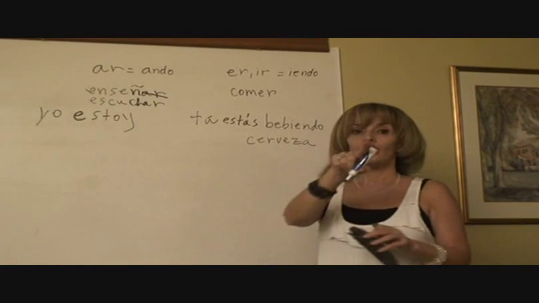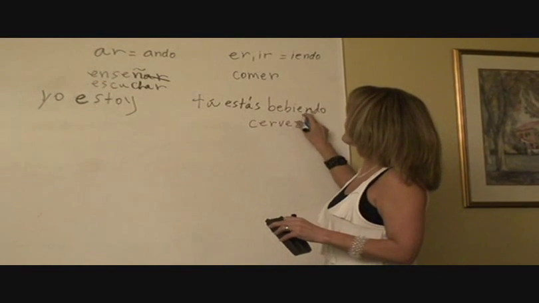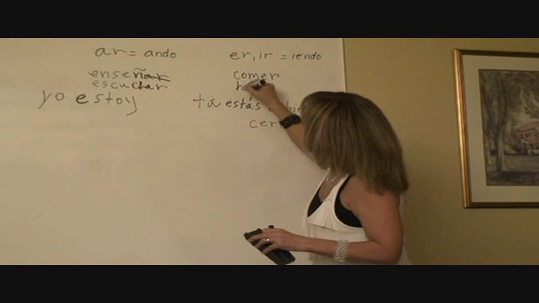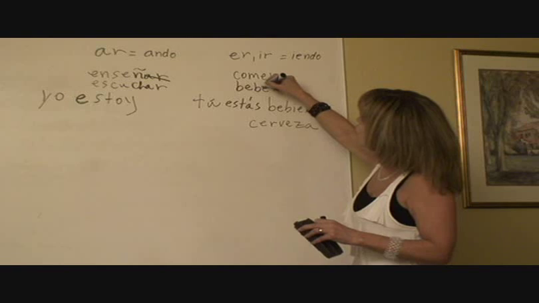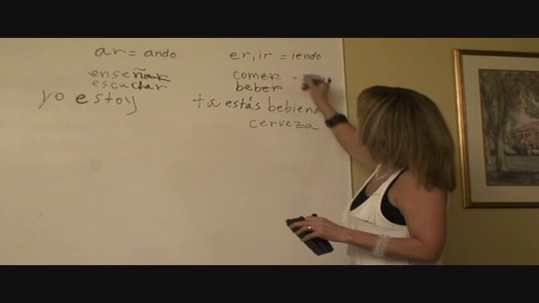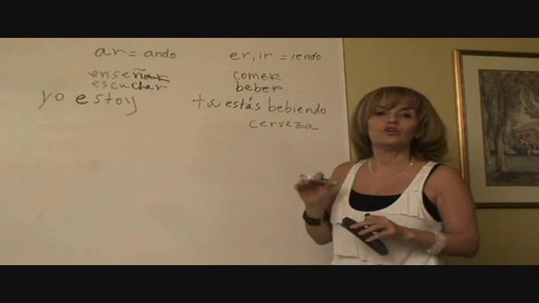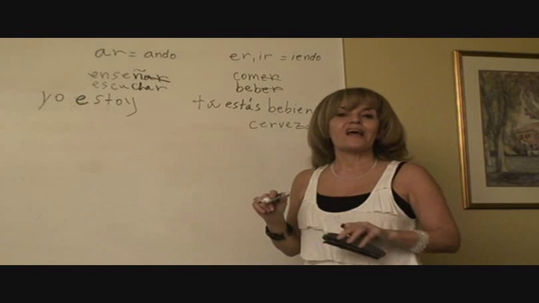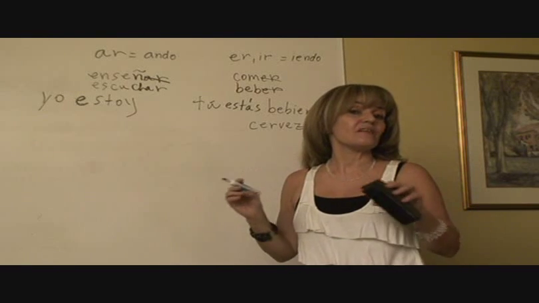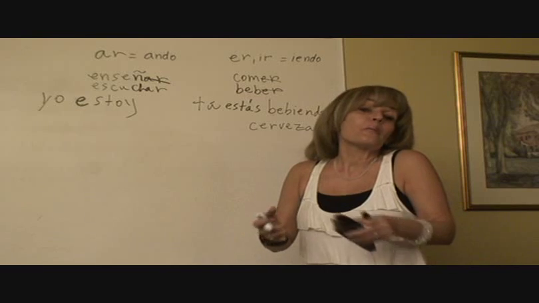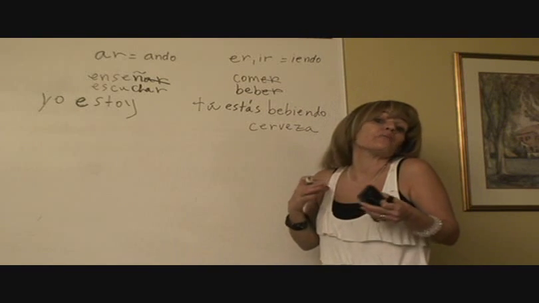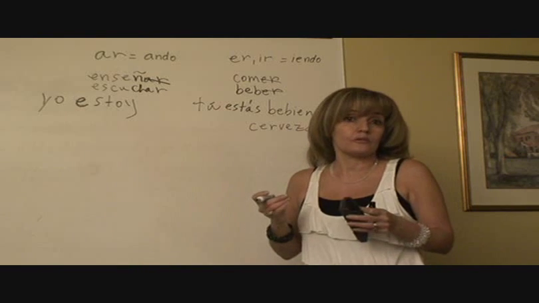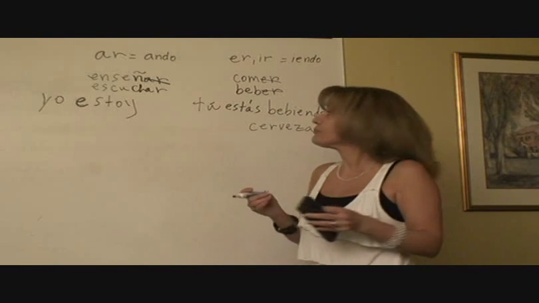You are bebiendo. The infinitive is beber, which ends in ER. You drop the ER and you add yendo. Tú estás bebiendo cerveza o tú estás bebiendo Coca-Cola. Yo estoy bebiendo cafecito. Fácil, huh?